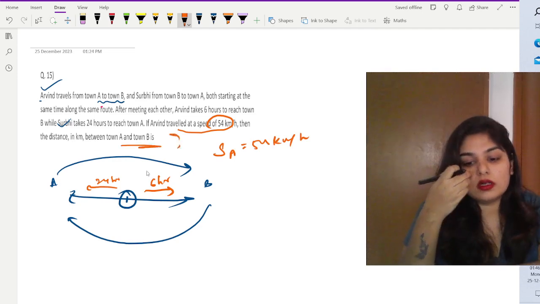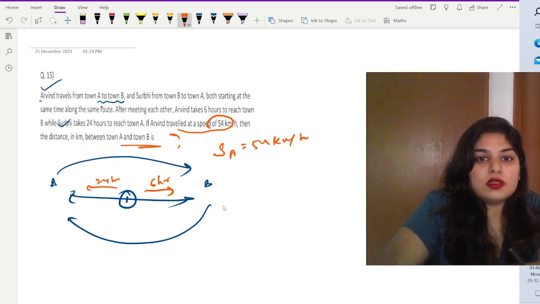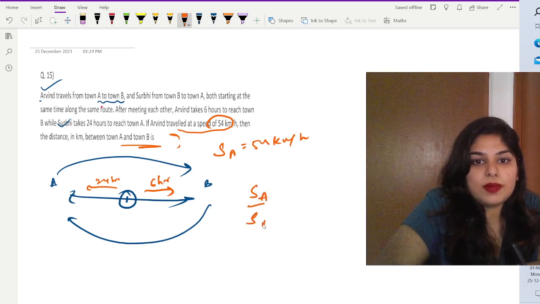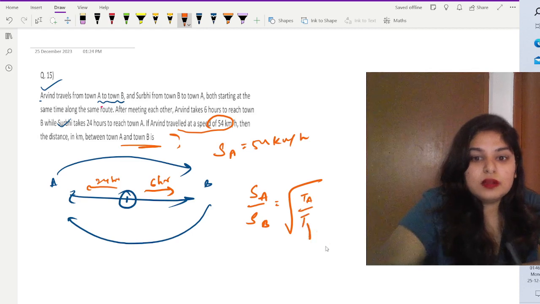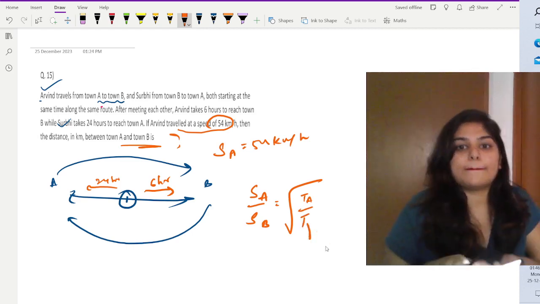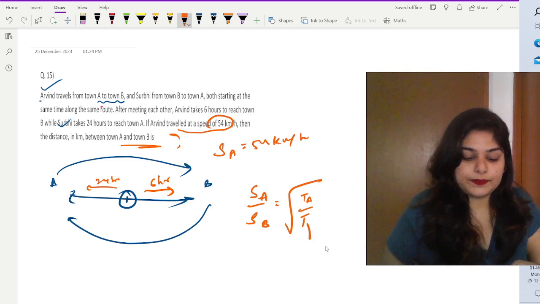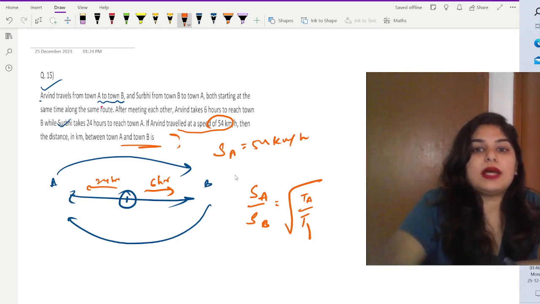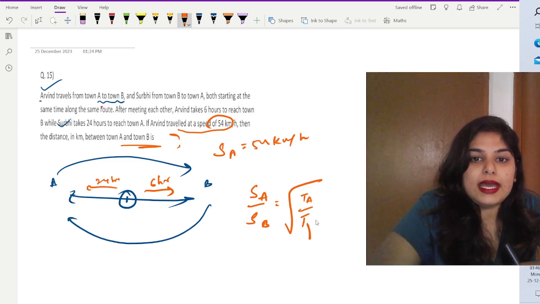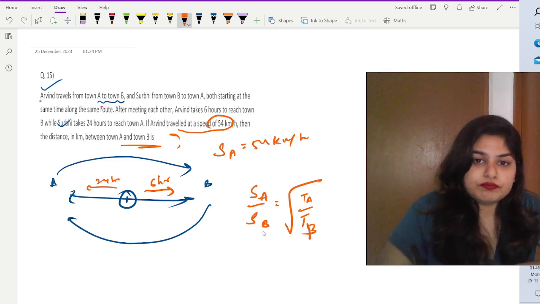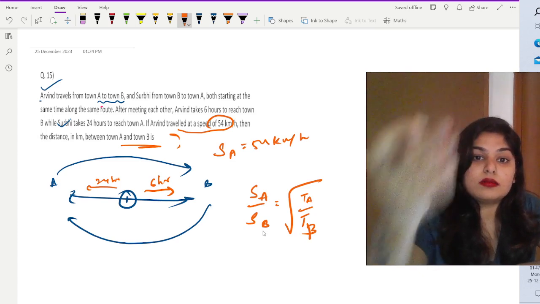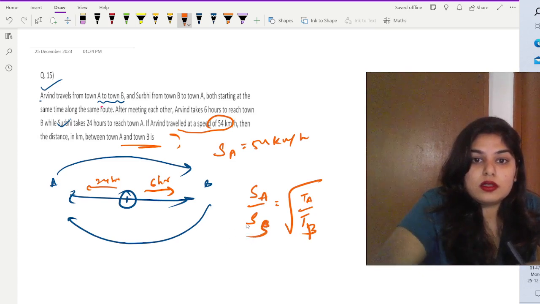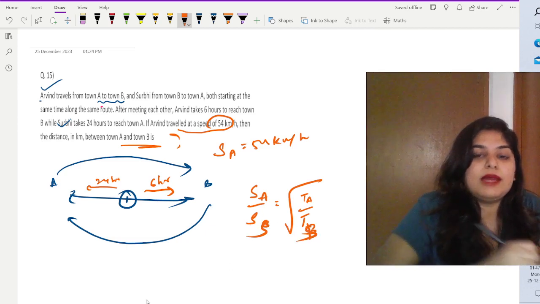Okay, so we have a formula for this. So we can take the ratio of the speed SA by SB is equals to root over time taken by A by time taken by B. Okay, root over time taken by Arvind after meeting Surbi divided by time taken by Surbi after meeting.